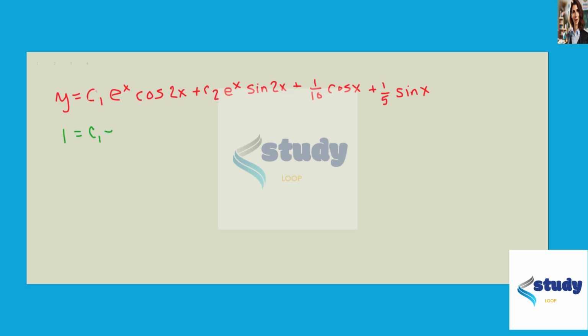I have C1 times e to the 0 cosine 0, because 2 times 0 is 0, plus C2 e to the 0 sine of 0, plus 1/10 cosine of 0 plus 1/5 sine of 0.